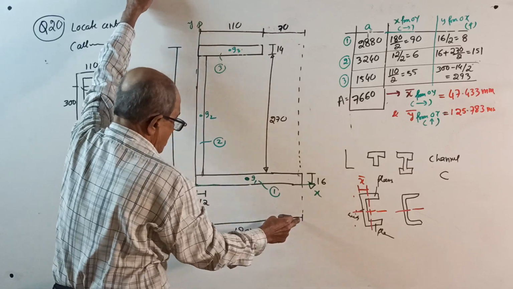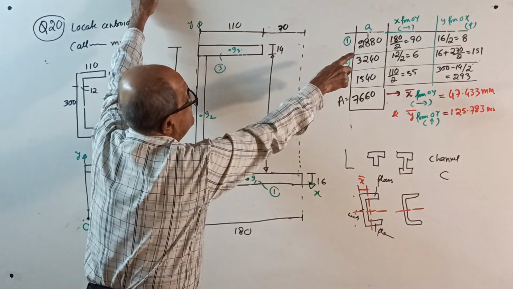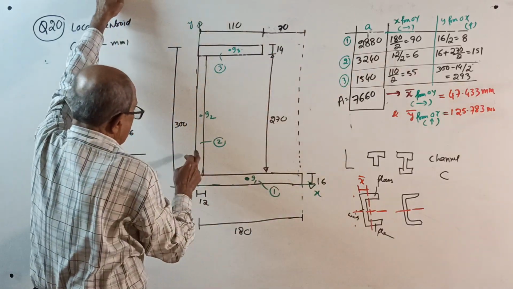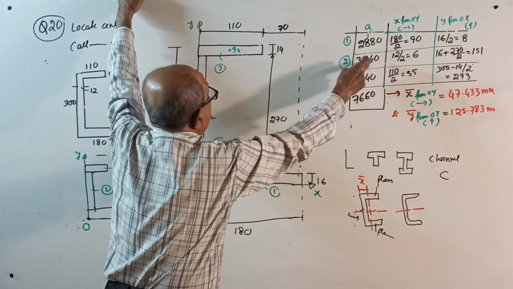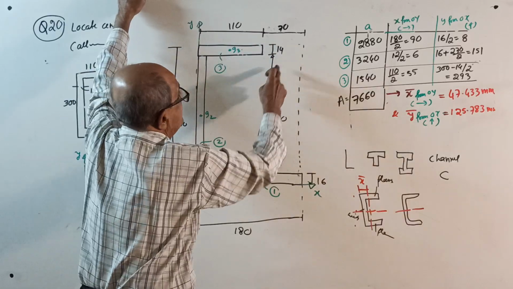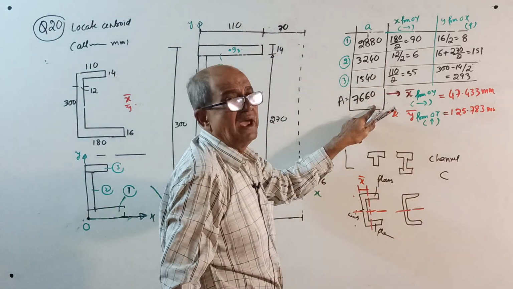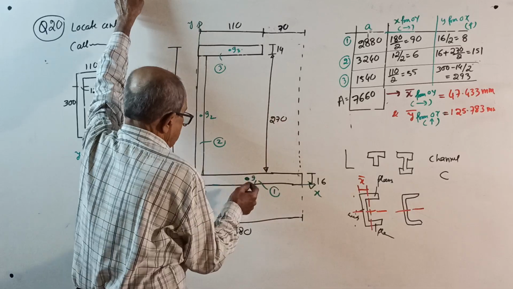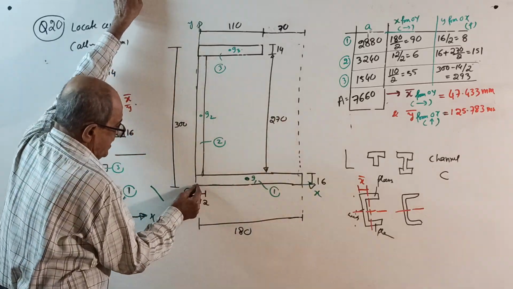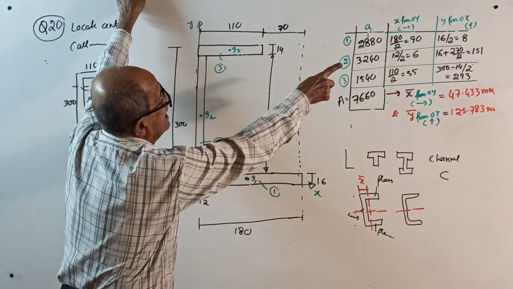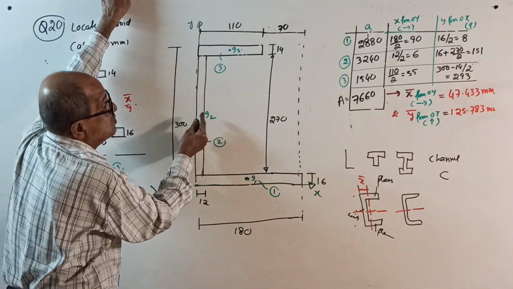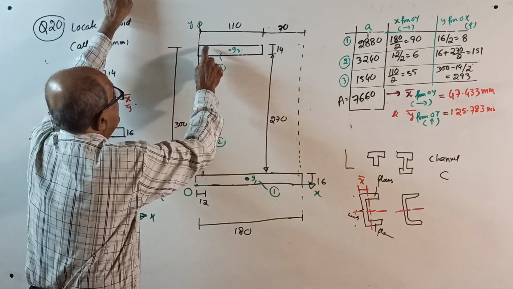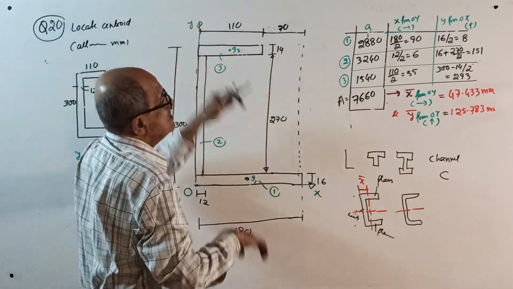A1 is 180 into 16. You should calculate. Next, 12 into 270. You should calculate. 110 into 14, you calculate the total. For x1, from here to here, 180 by 2. x2 is simply 12 by 2. x3 is 110 by 2.